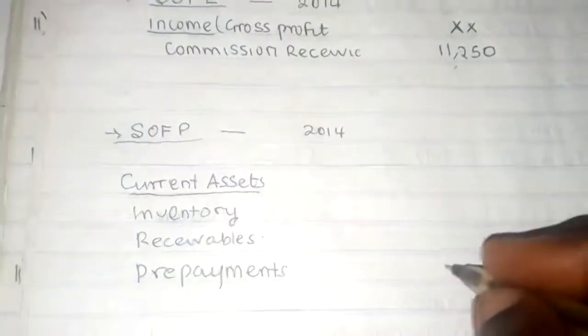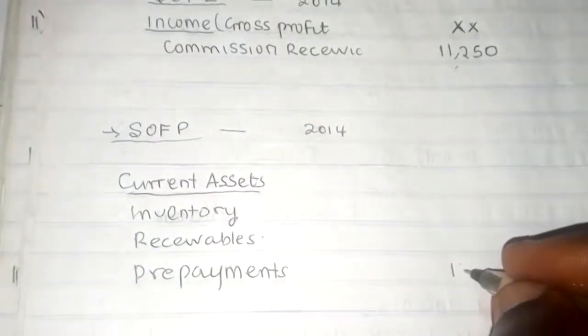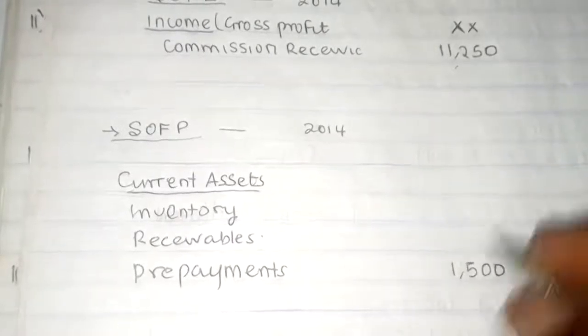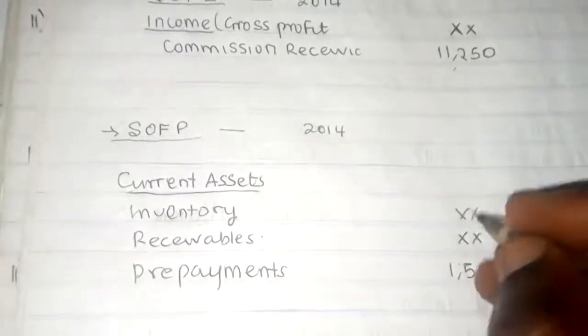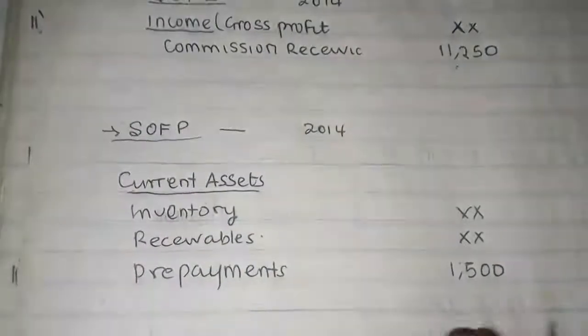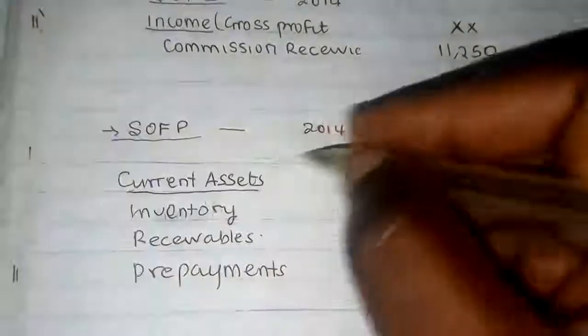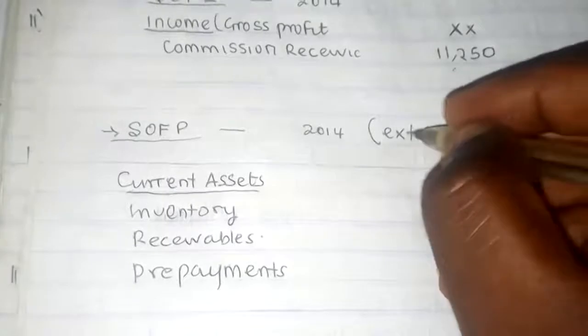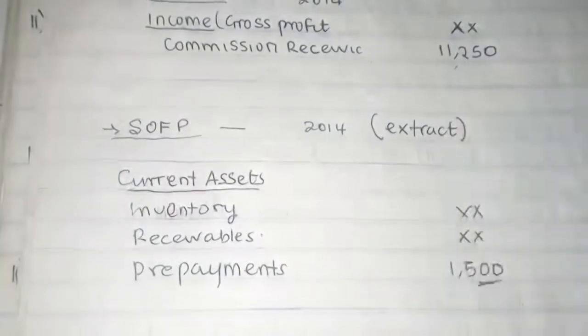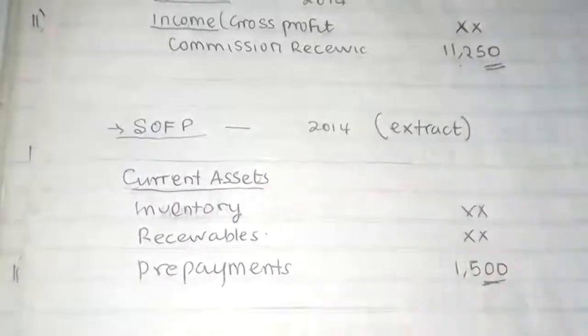How much is the prepayment? That is 1,500. So all these, so that when you are preparing your statement of financial position, you know what to do. This is just an extract. All right, so the question has been answered.